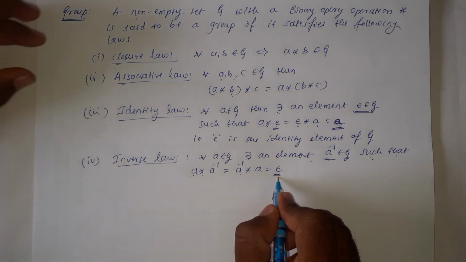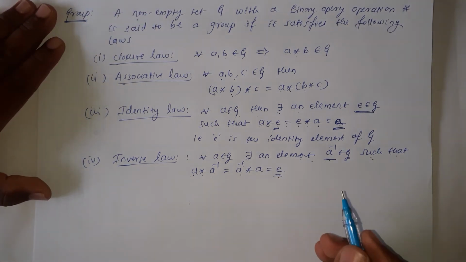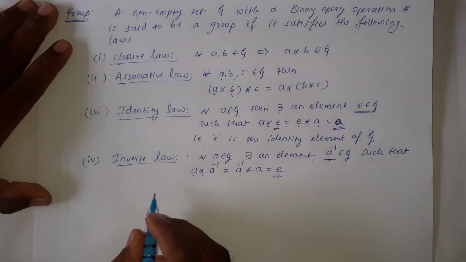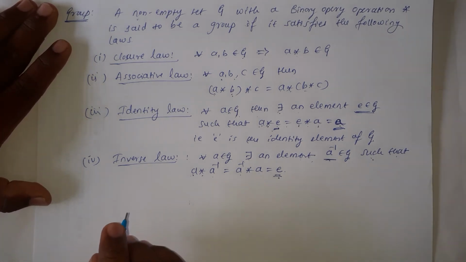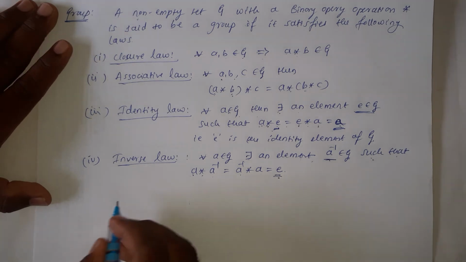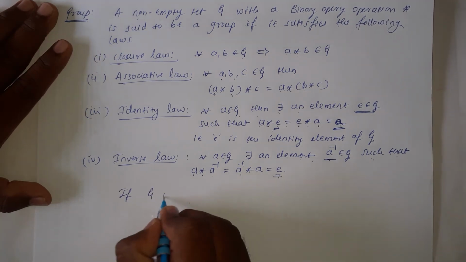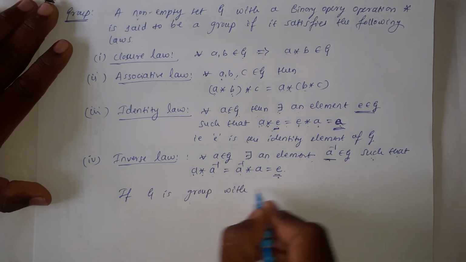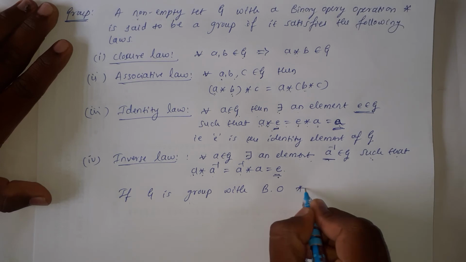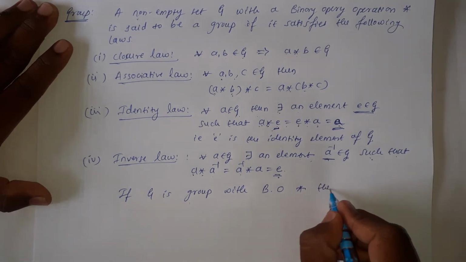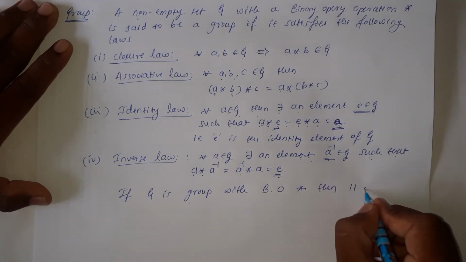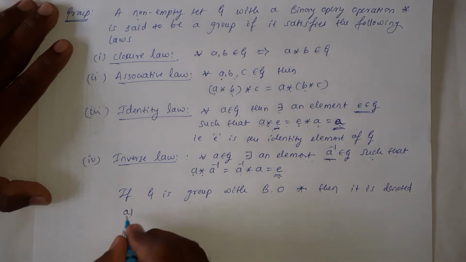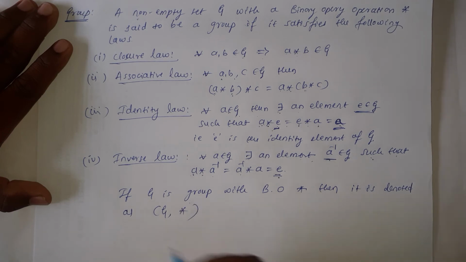So, if these 4 laws are satisfied for a non-empty set G, then that set G is called a group. So, here if G is a group with binary operation star, then it is denoted as (G, star).